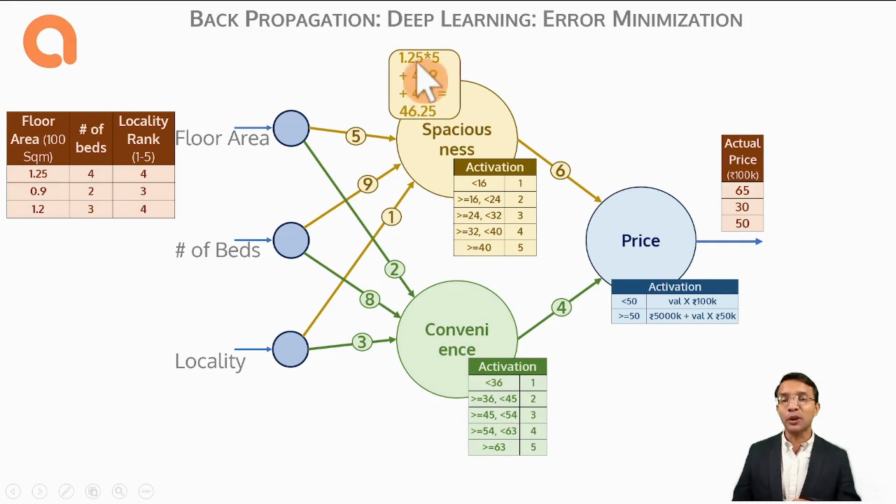Adding up this product, 1.25 multiplied by 5 plus 4 multiplied by 9 plus 4 multiplied by 1, we get 46.25 as our spaciousness factor.